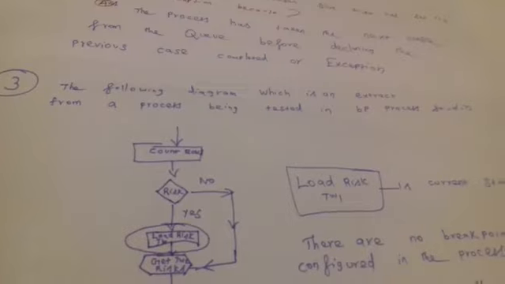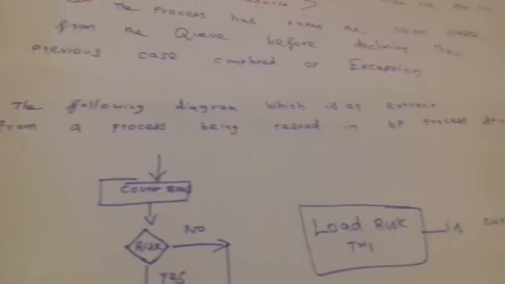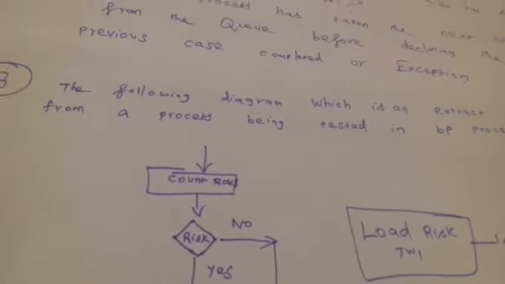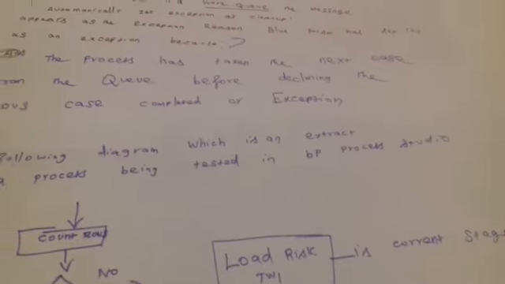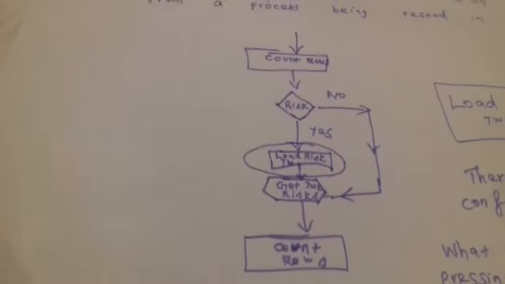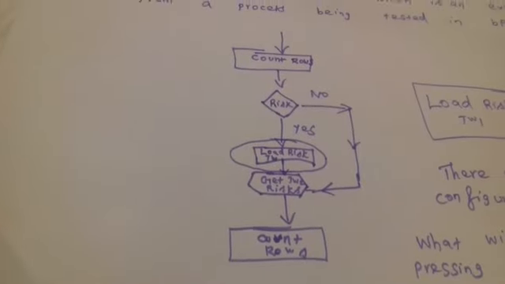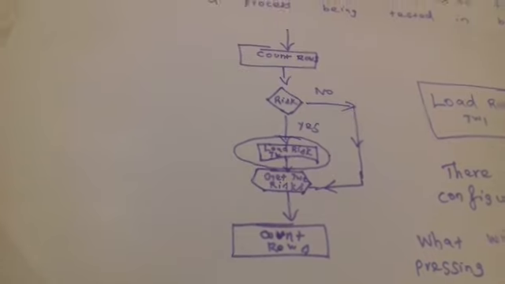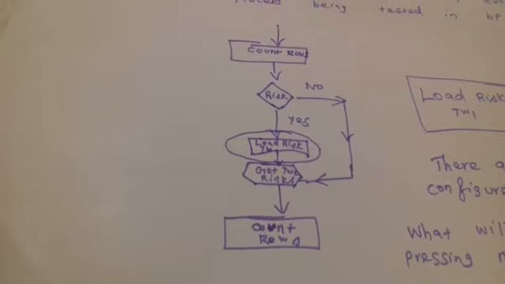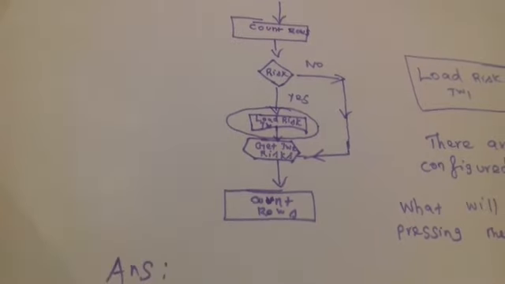The third one is the following diagram. You can see one diagram which is an extract from a process being tested in Process Studio. Here you can see count and count rows. It goes to the risk calculation.